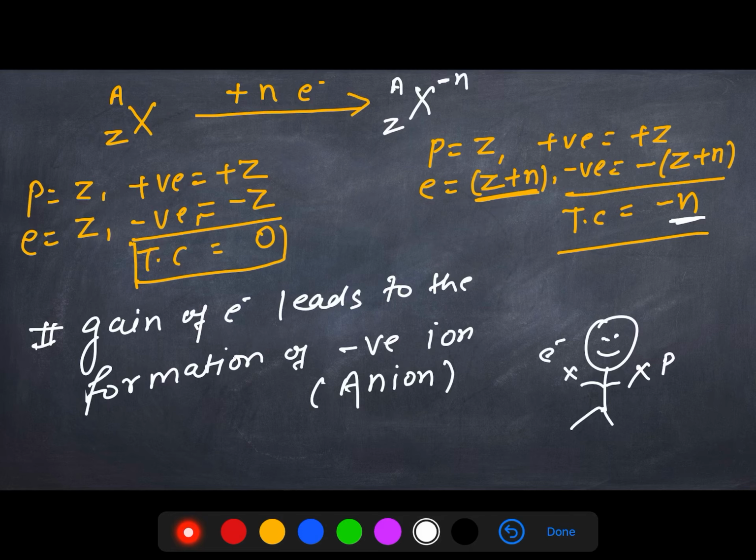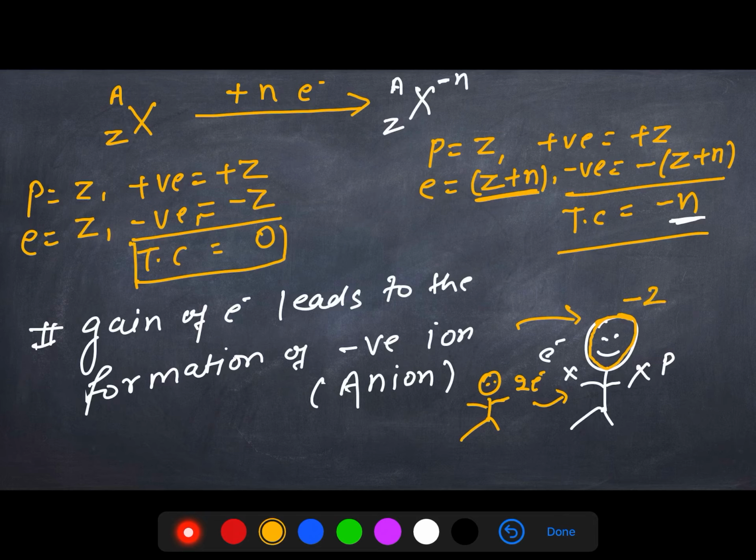Again, you can understand it through this. This person initially had the same number of protons and the same number of electrons, right? So currently the number of protons and electrons are the same, but just assume that there is some person over here who is giving, suppose, 2 electrons to this person. If this person gives 2 electrons to this person, will this person have 2 extra electrons?